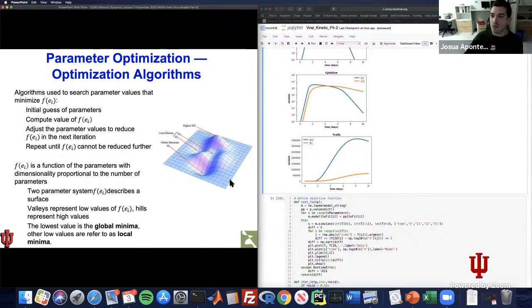So the fitting algorithm chooses certain points in this parameter space, and the algorithm is just a way of deciding what's the next point to choose. Different algorithms implement different ways of exploring the space, and then try to find the smallest point in this space, which corresponds to the smallest distance between your model and the data.